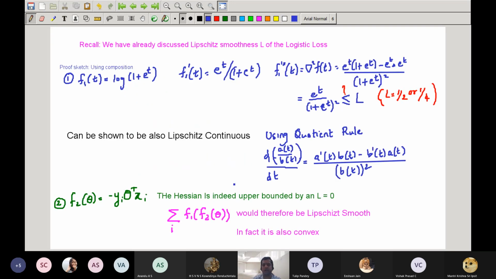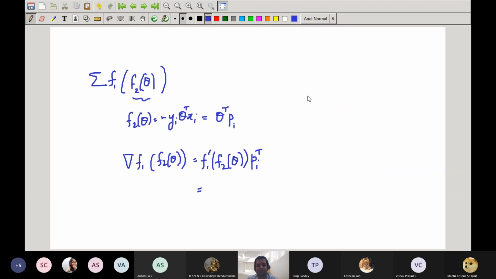We had to form the expression for F1 dash, right? e to the t upon 1 plus e raised to t. What would that turn out to be? What you have to realize is F2 applied to theta will give you an x, right? And then that pi. When you multiply by pi transpose, what will that give you? A matrix times a vector. So just to simplify the whole thing, you'll have some scalar sitting out.